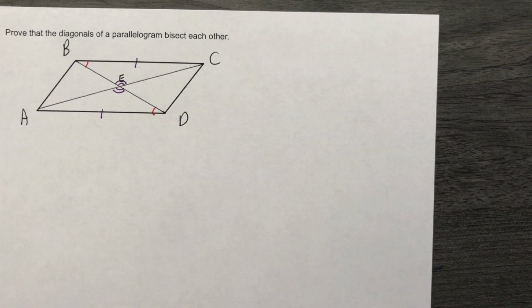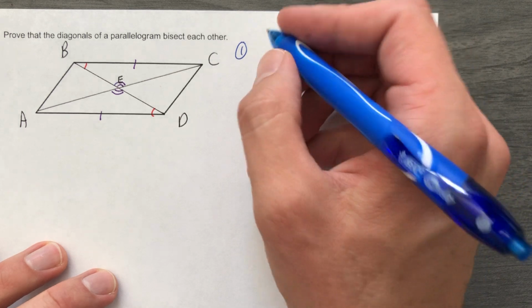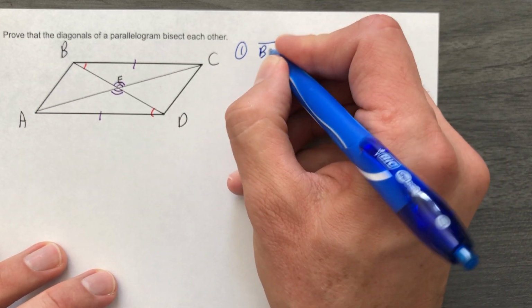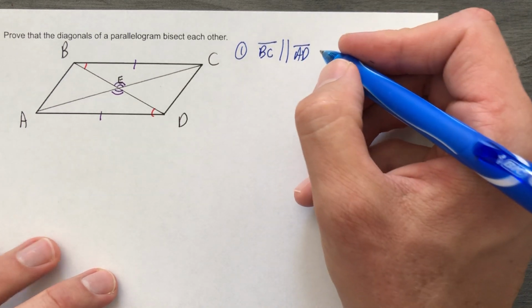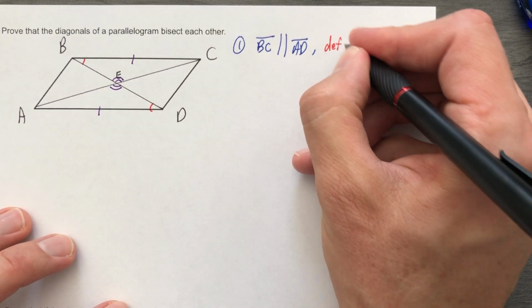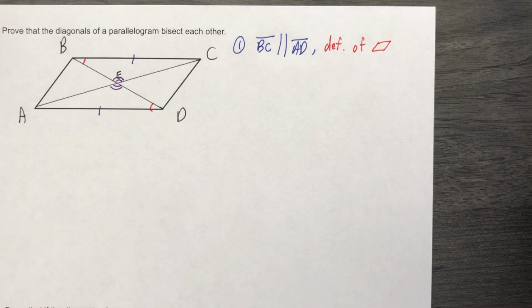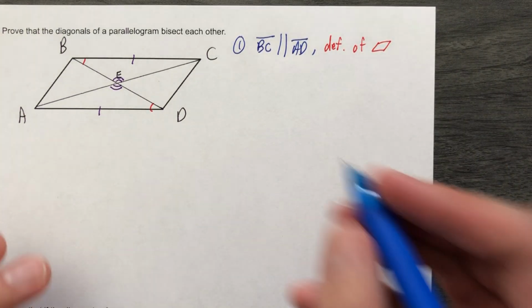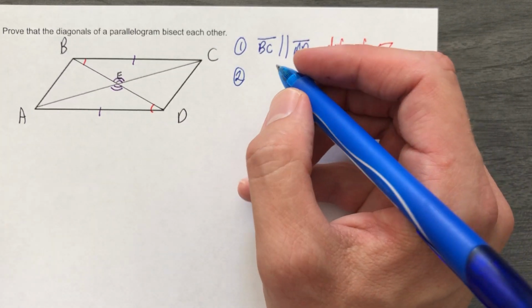And before we really do that, we need to start with what they gave us. And what they gave us was the fact that we have a parallelogram. So BC is parallel to AD, and we know that because this is the definition of a parallelogram. And for that reason, now that we have that reason established, we can go to reason number 2 and say, well, I know that, therefore I know this.